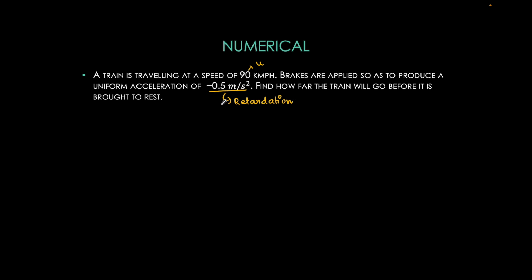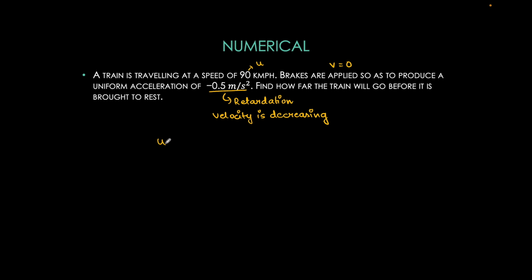And if the acceleration is negative, the velocity is decreasing, which is very obvious, because if the brakes are applied, the train will come to a halt, so the final velocity will be 0, right?